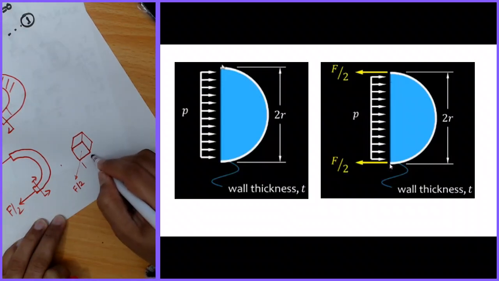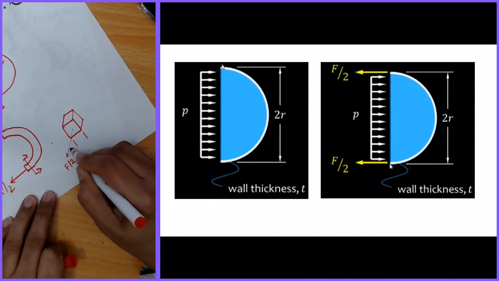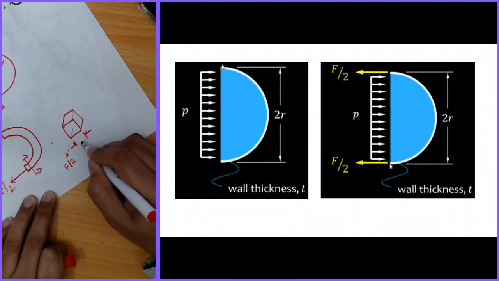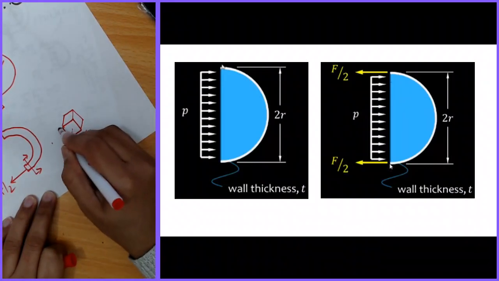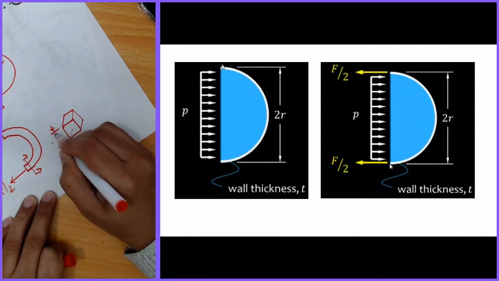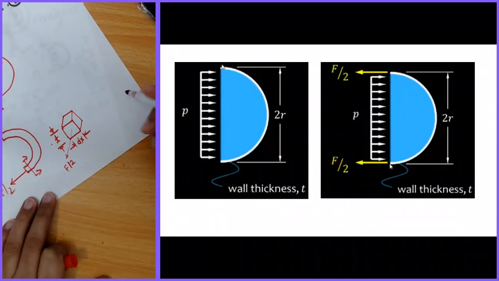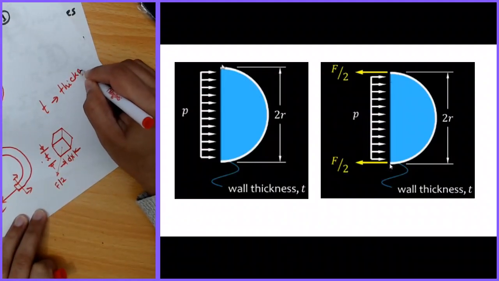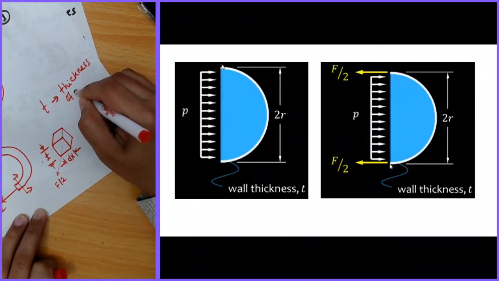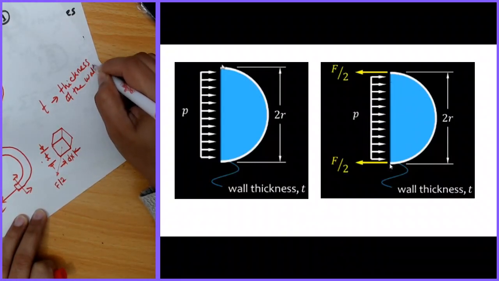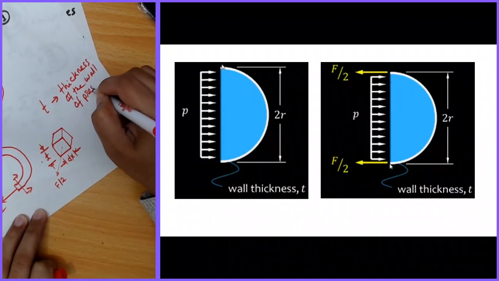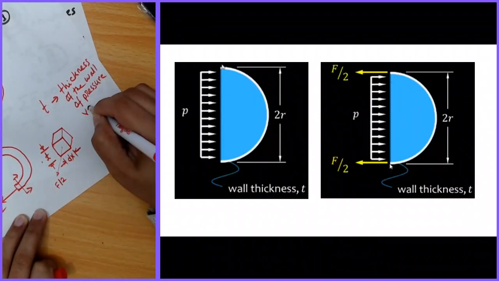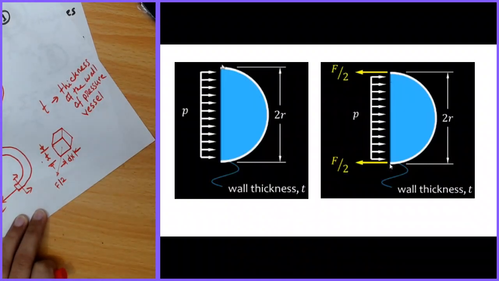Now this length is dx, and this length is T. T is the thickness of the wall of the pressure vessel.